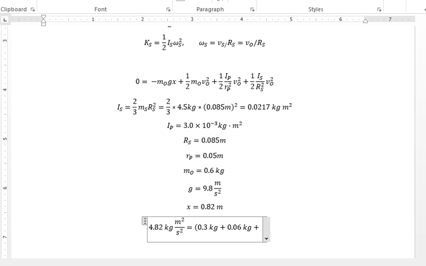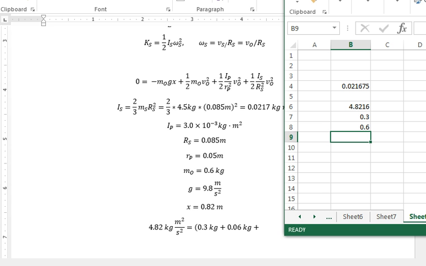All right. Now we need 1/2 times I_S, which is 0.0217 divided by the radius of the sphere, 0.085 squared, which is 0.01/2.